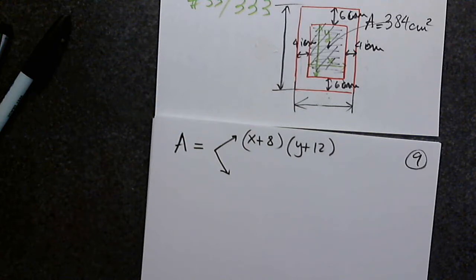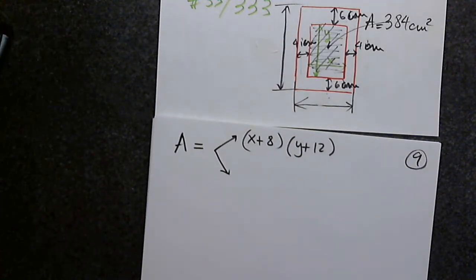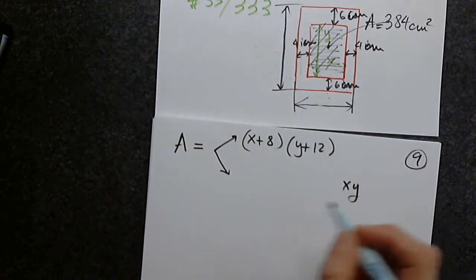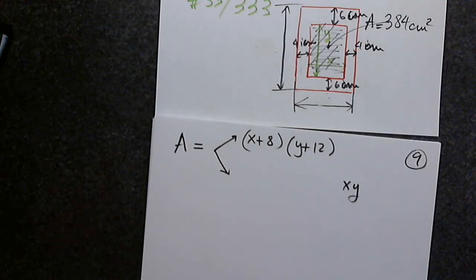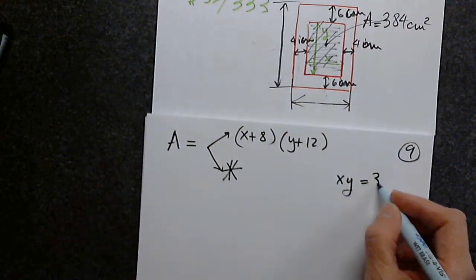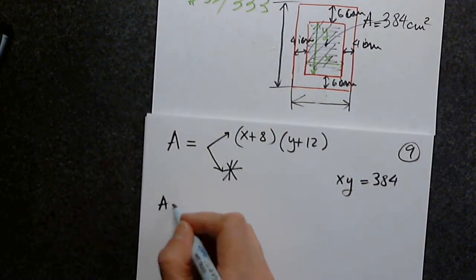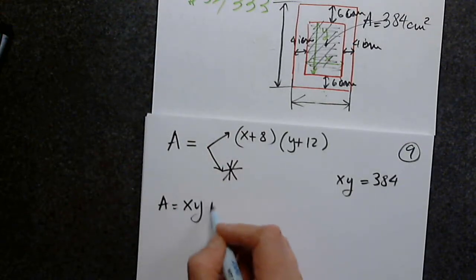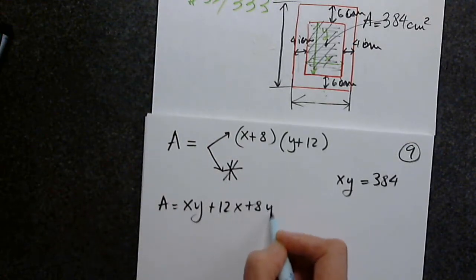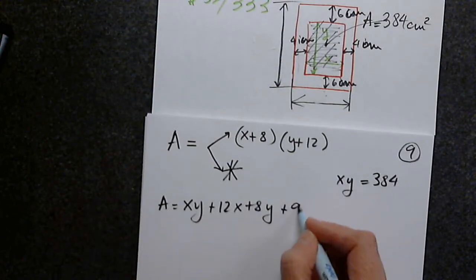Can anyone explain where the 8 and 12 come from? Adding up the two 6s and the other margins. I see. We also know that x times y is 384, so let's go that route. Now the area, once I distribute, is xy plus 12x plus 8y plus 96.